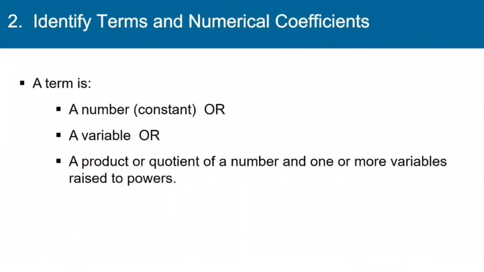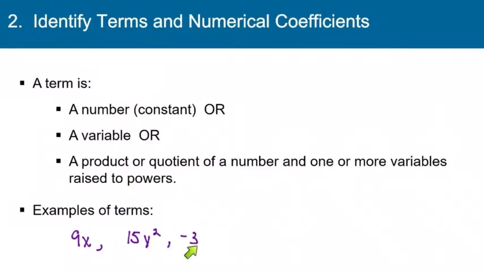So here are some examples of terms. 9x would be a term because this is a product of a number and a variable. 15y squared would also be a term because this is the product of a number and a variable raised to a power. -3 would be considered a term because it is a constant. It does not have a variable component.